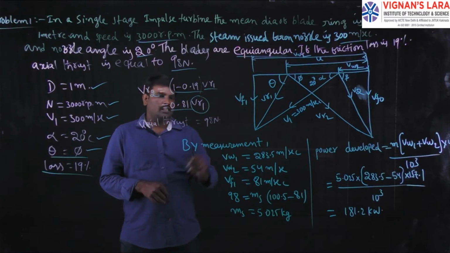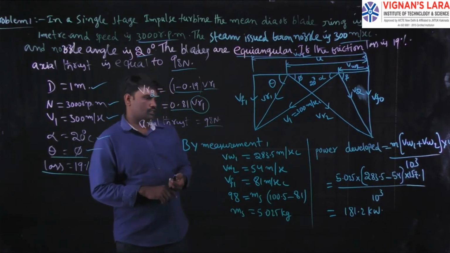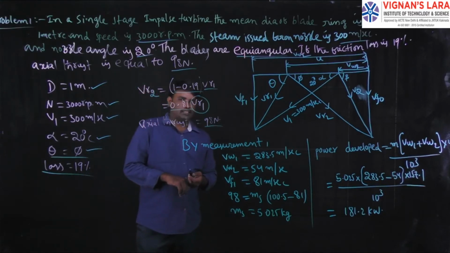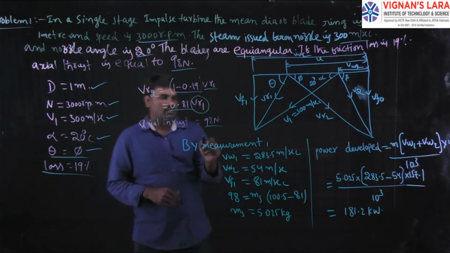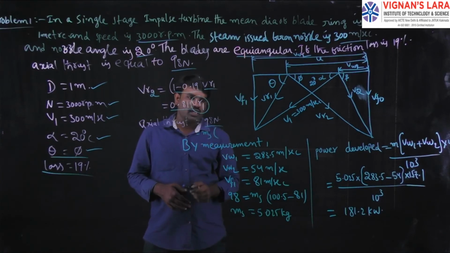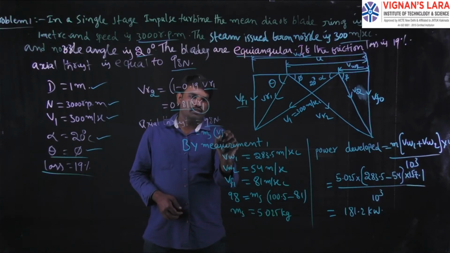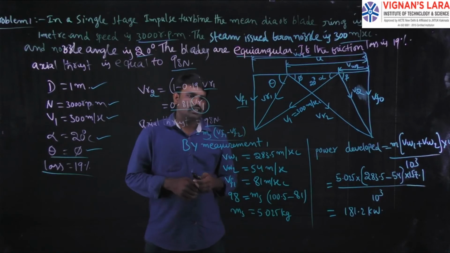The axial thrust is also given, that is 98 newtons. How do we find the axial thrust? It is the mass flow rate into Vf1 minus Vf2. This is the axial thrust, the rate of change of velocities in the axial direction.